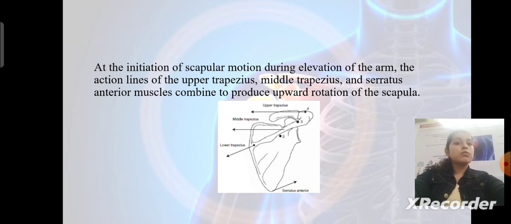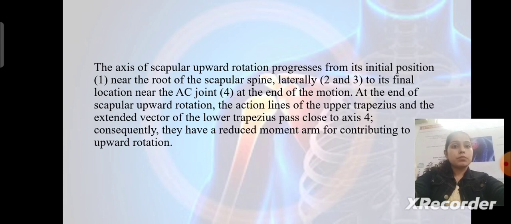At the initiation of scapular motion during elevation of the arm, the lines of action of the upper trapezius, middle trapezius and serratus anterior muscle combine to produce upward rotation of the scapula. The axis of scapular upward rotation progresses from its initial position: first, near the root of the scapular spine, laterally, second and third to its final location near the acromial joint, and fourth at the end of the motion.